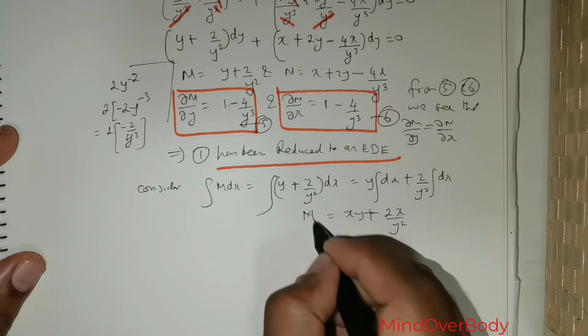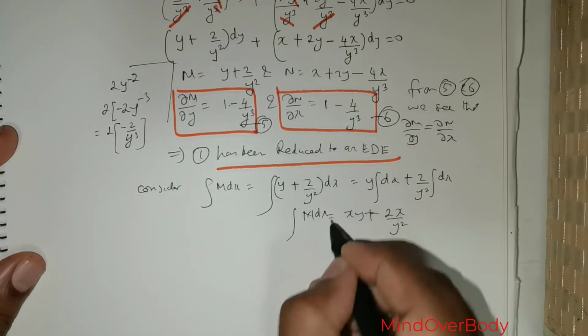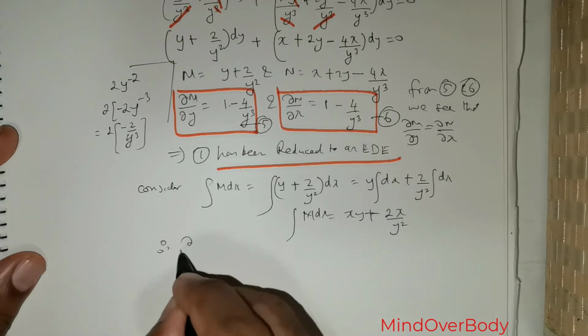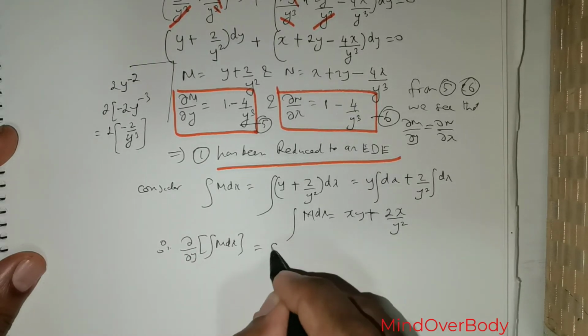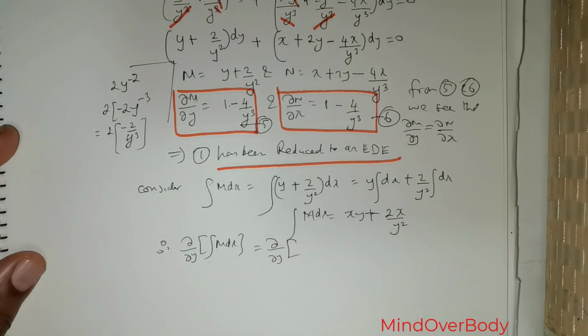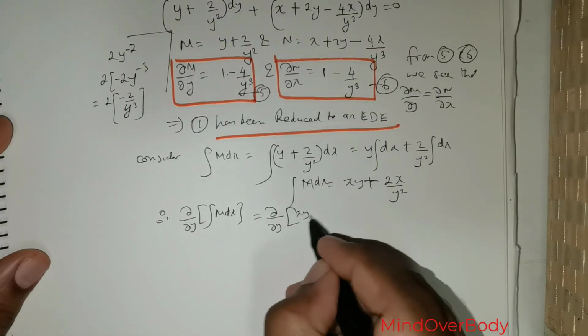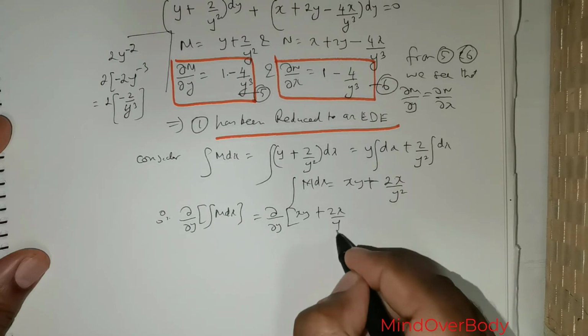So this is going to be my integral M dx. Therefore ∂/∂y of the integral M dx is equal to ∂/∂y of xy plus 2x over y squared.